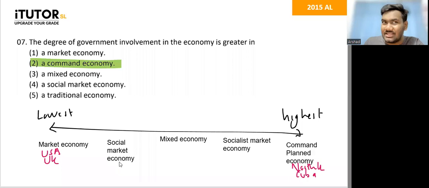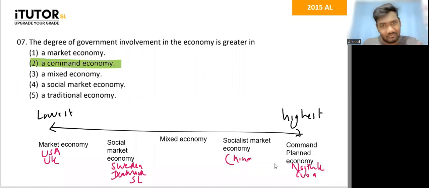Social market economies: countries like Sweden and Denmark. Maybe you can give countries like Sri Lanka also, but better examples are these. Socialist market: you can give countries like China, and maybe Russia also to some extent, over here.